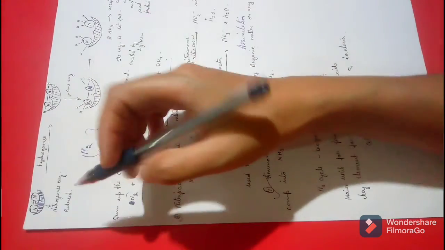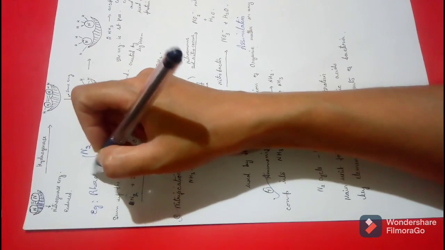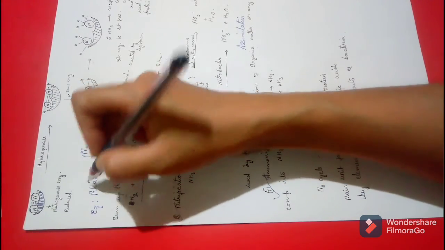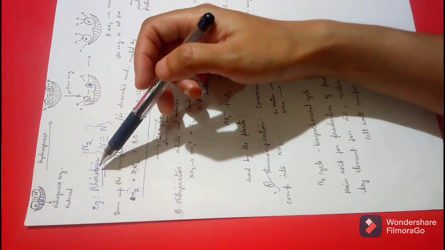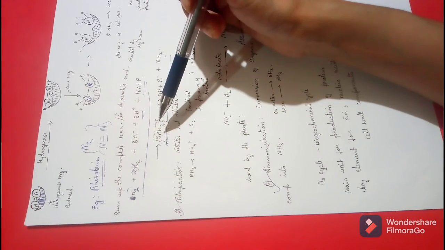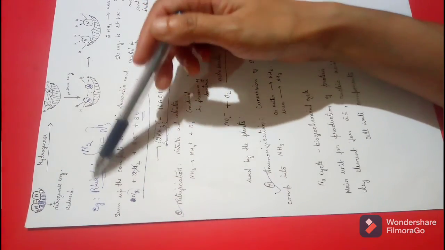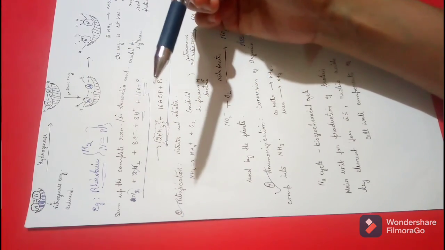Here I'm just giving you the example of Rhizobium, which is able to fix a huge amount of atmospheric nitrogen, converting it to ammonia, which is available to the plant. So you can see they perform a very important role in the soil.